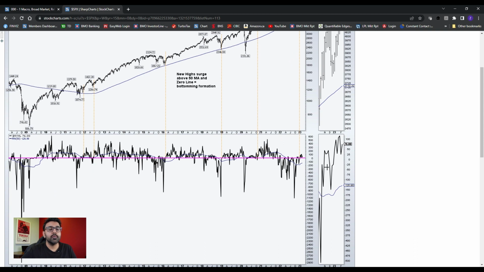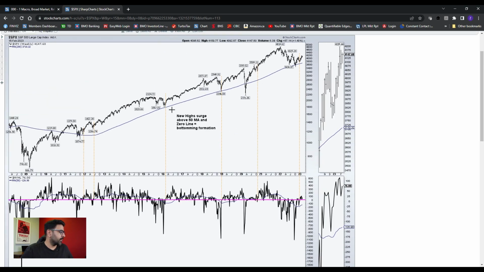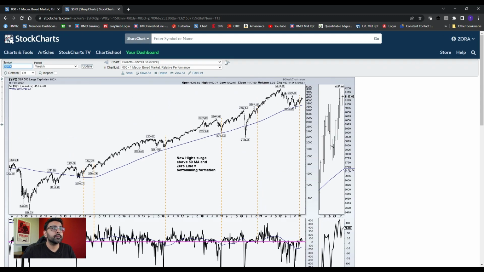And the new highs list as well is making some move upward. It just broke above that zero line, and that has typically been a point of growth for the stock market. You can see here these orange lines line up perfectly with the zero line, and we have a subsequent rally in markets.